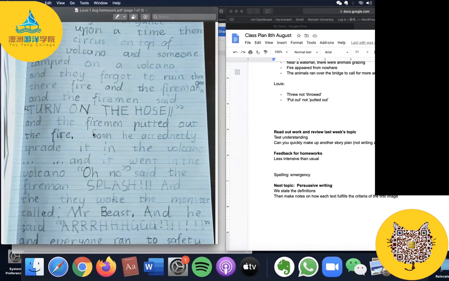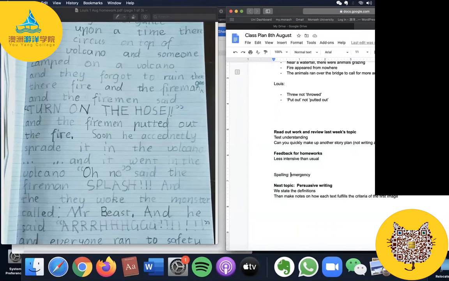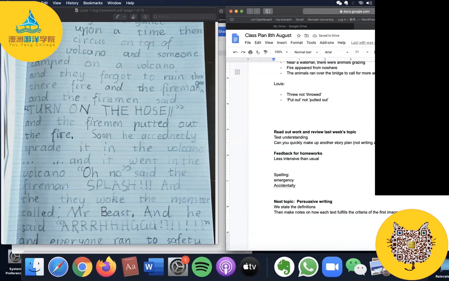Turn on the hose and the fireman put out the fire. Soon he accidentally. Okay, these are some spelling words for you, Lewis. Emergency. Accidentally. Sprayed.